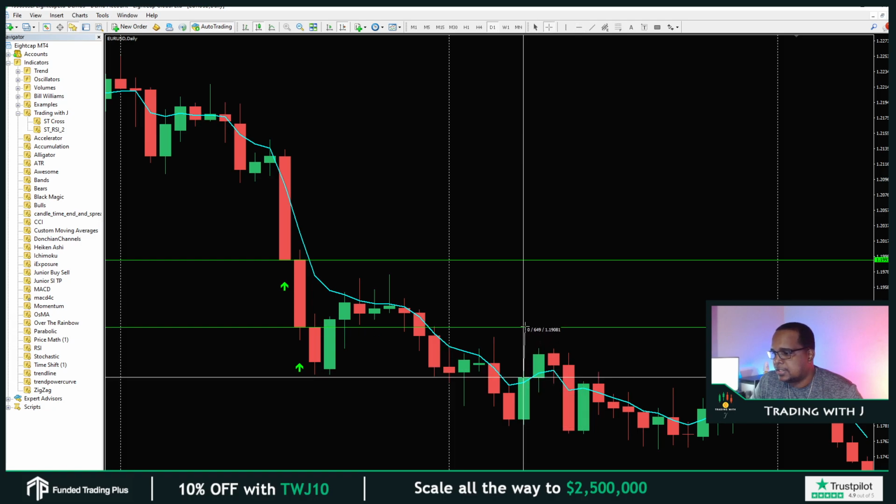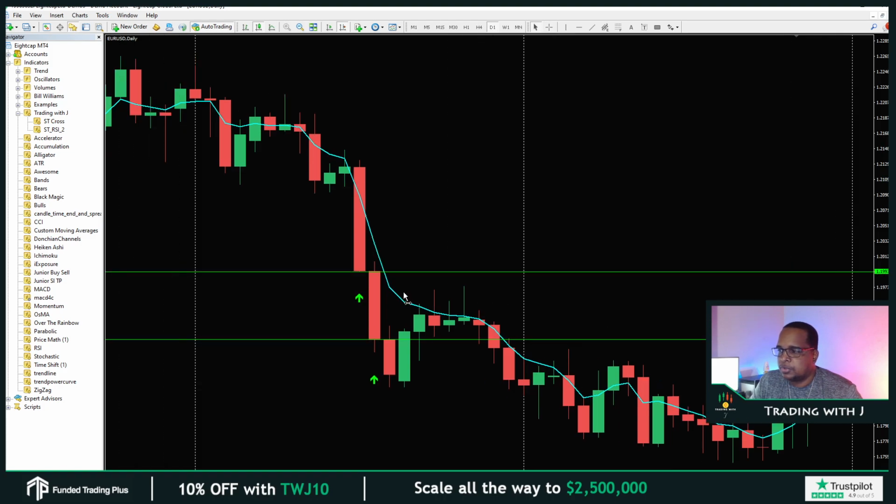So this is 65 and then so this is about a 200 pip loss. Now yes, that sounds like a lot, but this system is between 70 and 80% profitable depending on the symbol that you trade on.